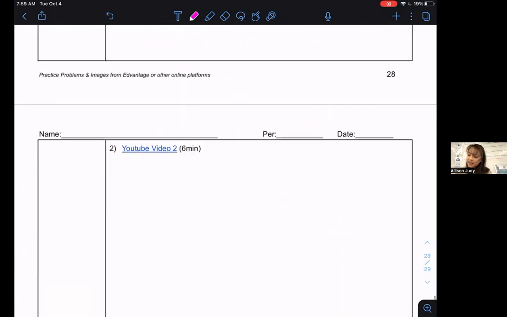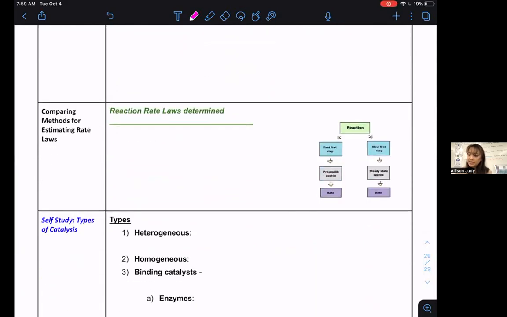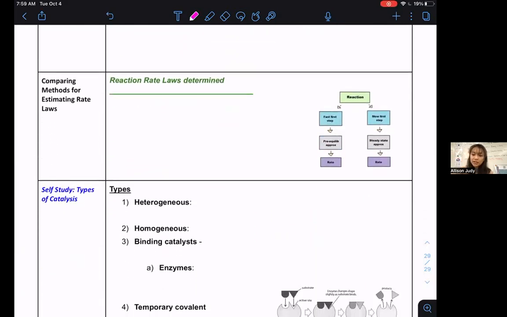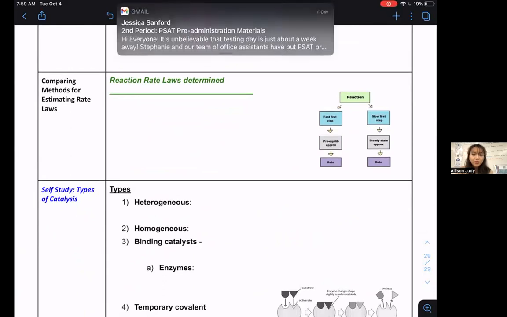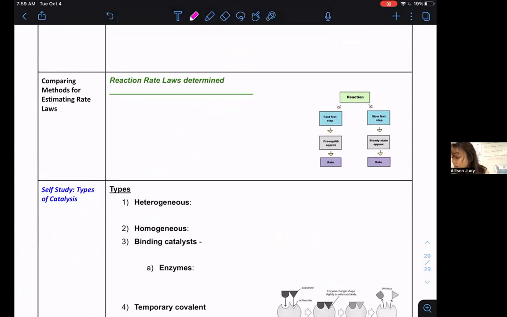And the final thing I'm gonna say, you have a couple videos if you want a little bit more practice, is just comparing methods for estimating rate law. You want to remember that we can only determine a rate law experimentally. Okay. Reaction rate laws can only be determined experimentally. And so when we do all of this estimation, this RDS, it is truly an estimation.